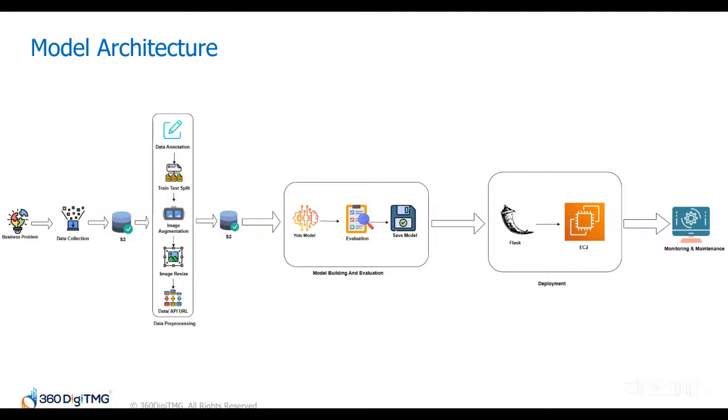Once we have confidence that our model is performing well, we save our model and go to the deployment phase. After evaluation, the model is deployed into the production environment.